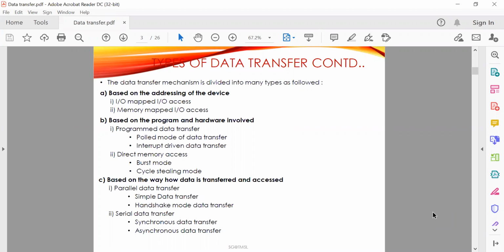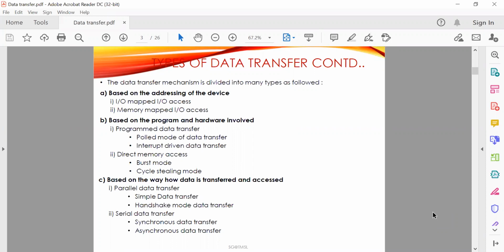This type of data transfer can take place at a time that is determined by the programmer, and based on the time of execution of the data transfer instruction, program data transfer is divided into two further modes, that is poll mode of data transfer and interrupt driven data transfer. Now in poll mode of data transfer, the data is read from an input device when the processor or the CPU is ready.